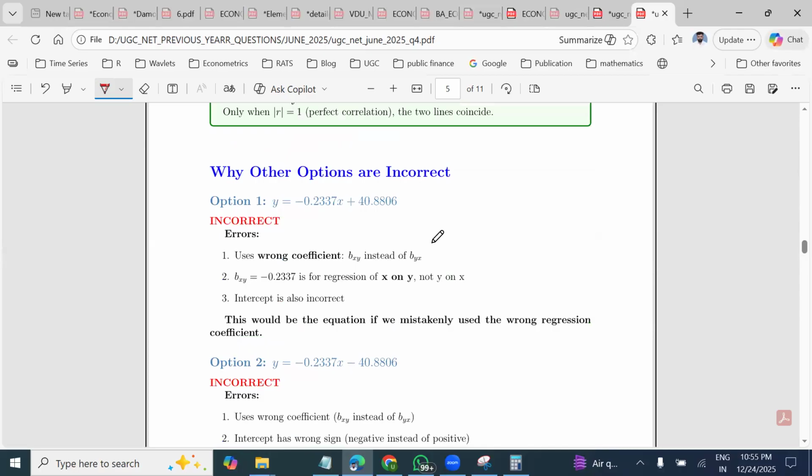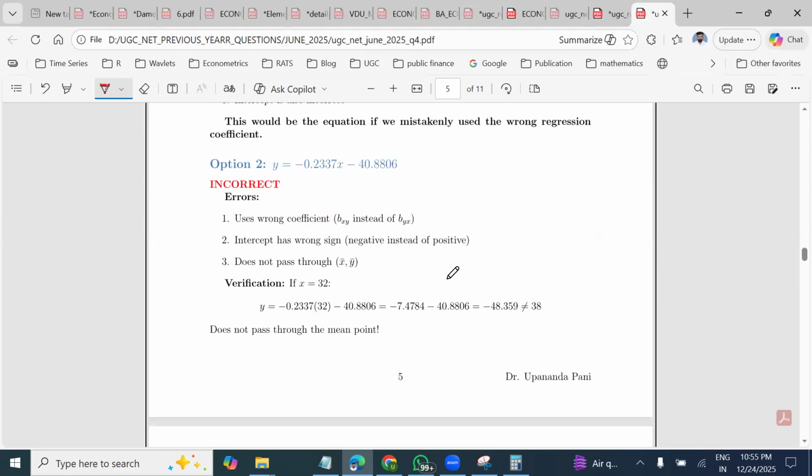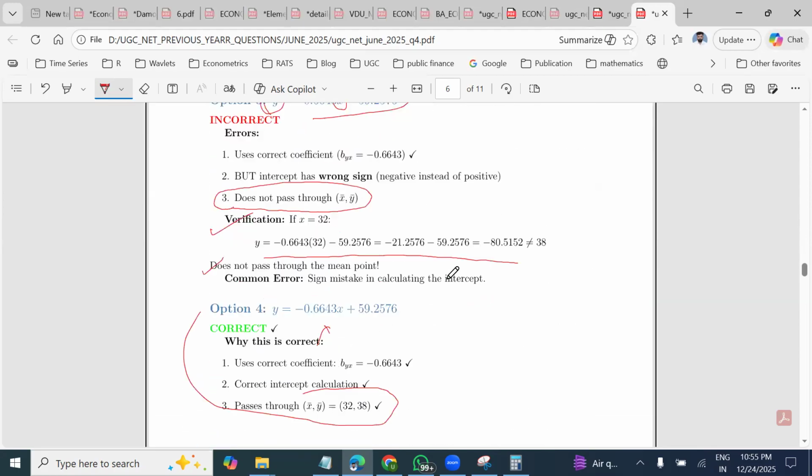Means you will put the x bar value into the equation, right? And see whether you are getting y bar or not, right? Is it clear? Yes, sir.